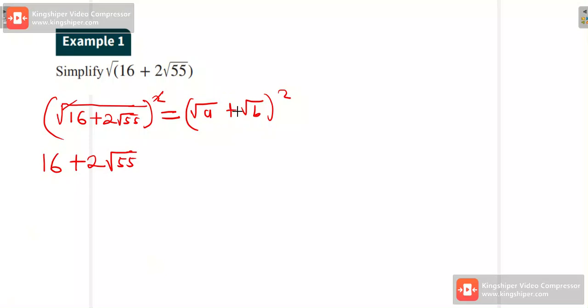Remember that in expansion, you are supposed to multiply the set, which is root of A plus root of B, by itself, which is root of A plus root of B. And you can do that. I'm not going to go by this method. Let me just teach you a shortcut which I will be using as we move on.